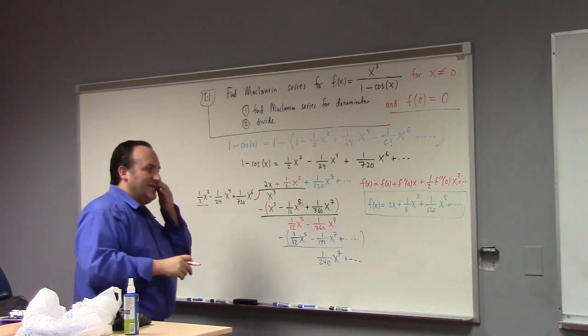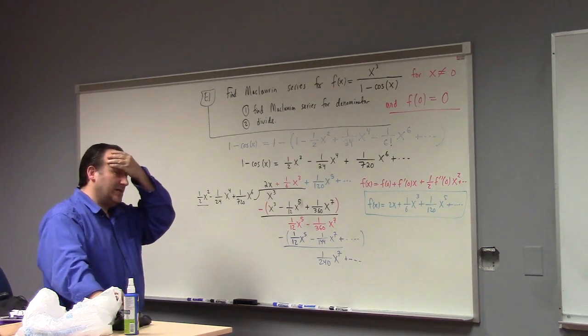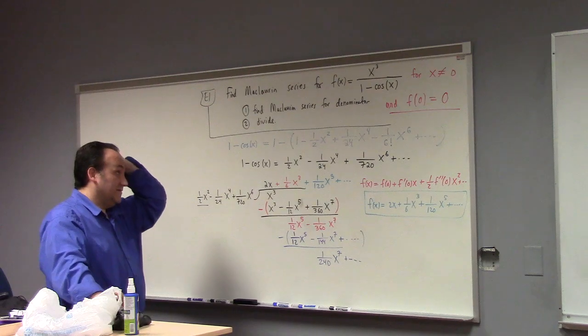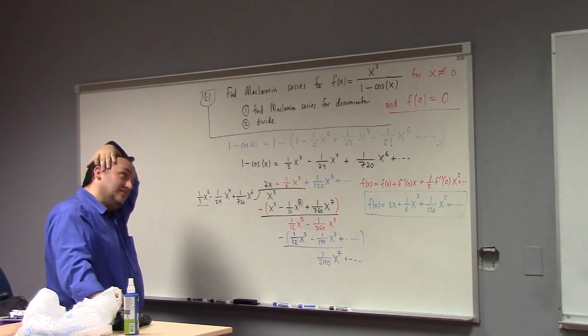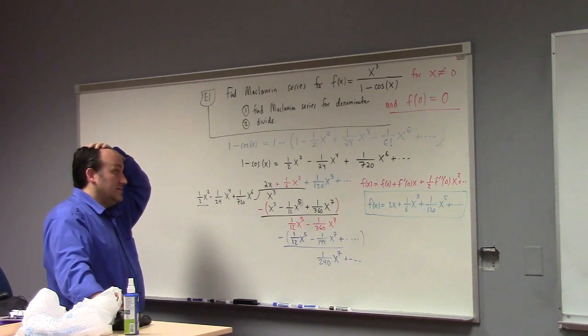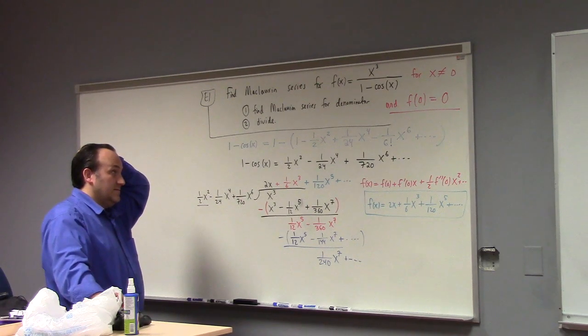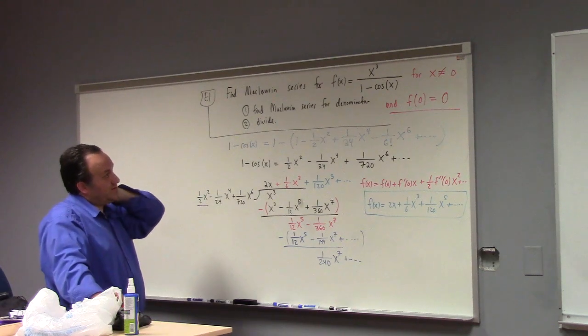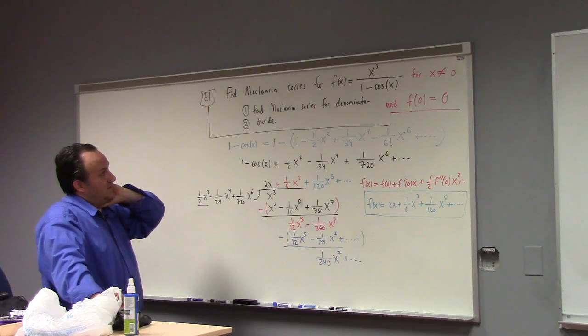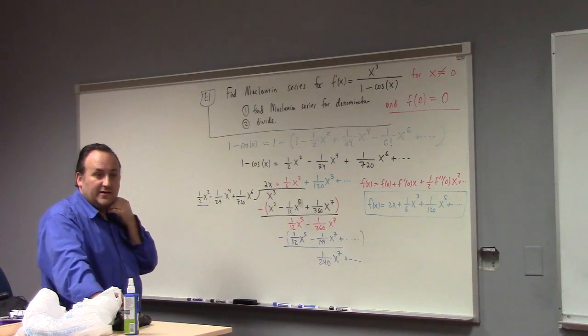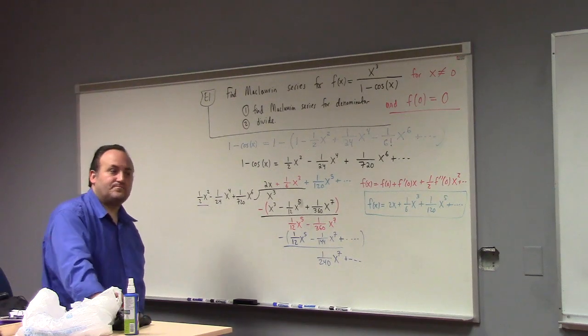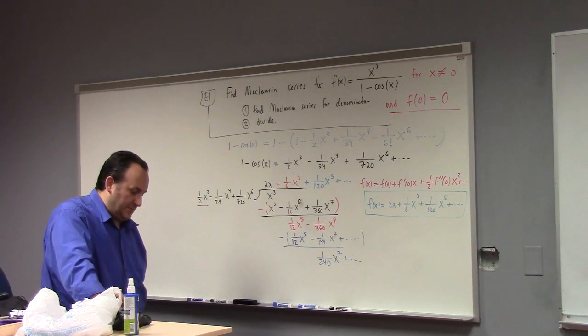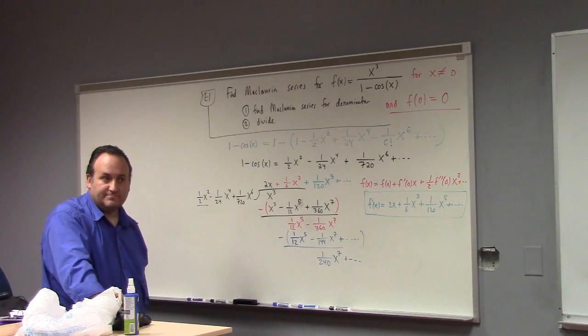And I think it's even worse than that for this one, because if you calculate f prime of 0, what do you get? If you do the quotient rule, you still have a 1 minus cosine x squared in the denominator. So if you just work with this given expression, at 0 the derivatives are always of the form 0 over 0.